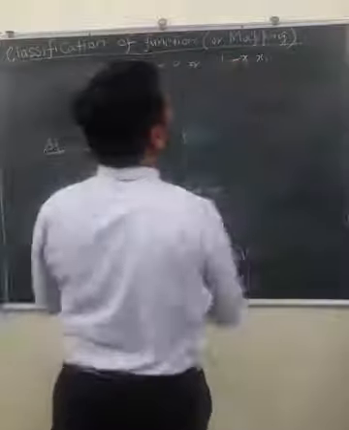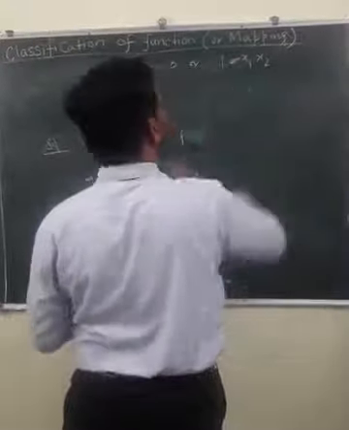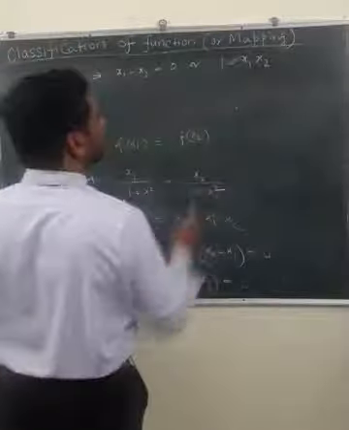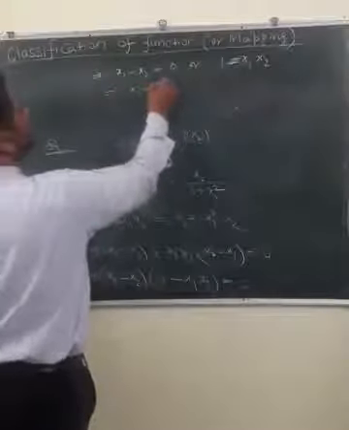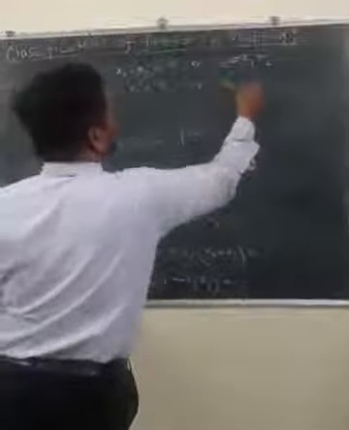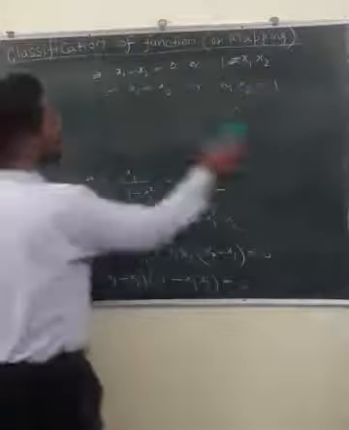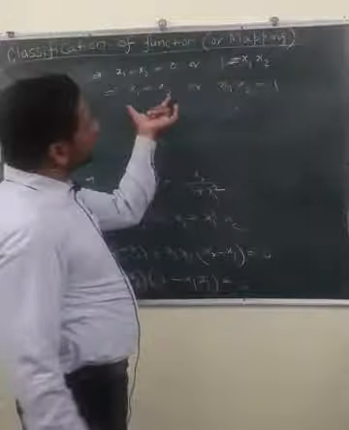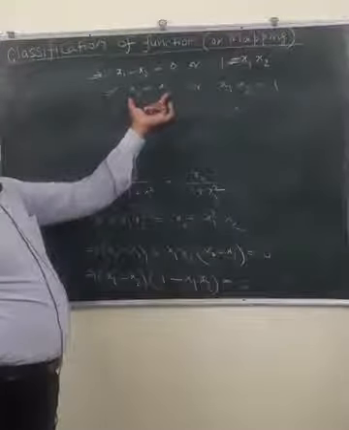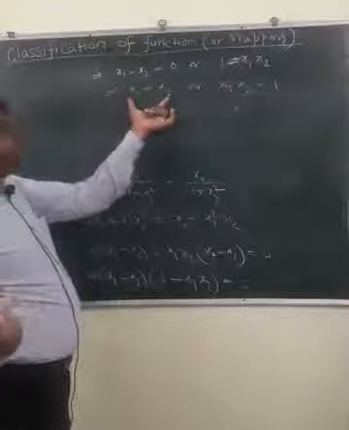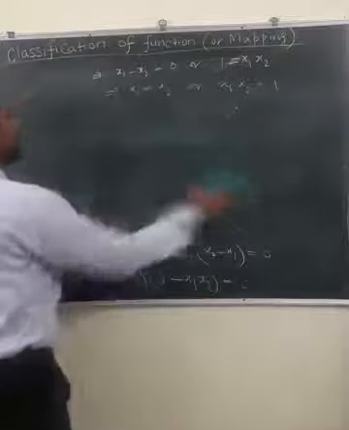That means 1 = x1x2. This is 0. That means 1 = x1x2, and this gives x1 = x2 or x1x2 = 1. For this we have no problem. A many-one function also has two different numbers giving the same value. It is no problem.